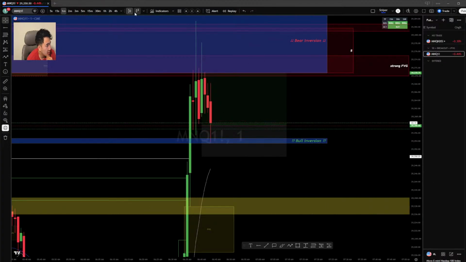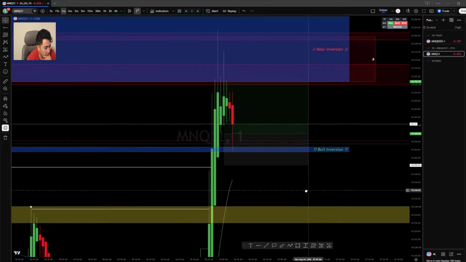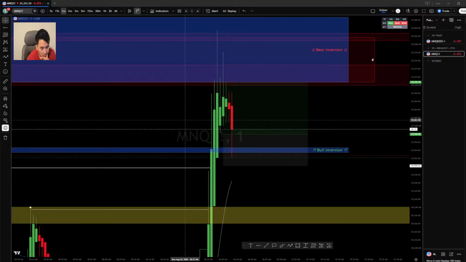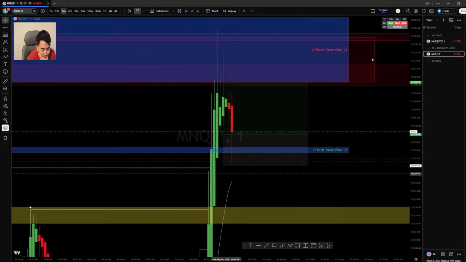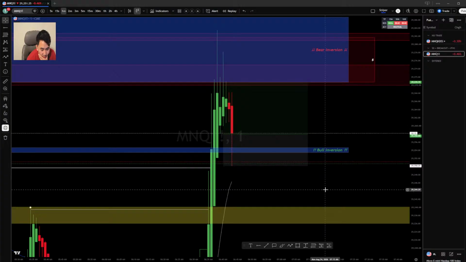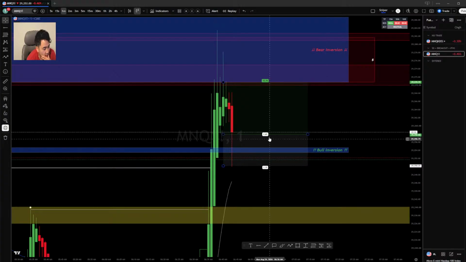All right, so tap there. Let's switch to Heikin-Ashi. I'm looking for a green Heikin-Ashi candle. This is a strong push downwards, so this zone might not be respected. But let's see.